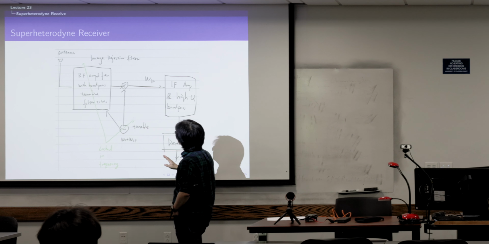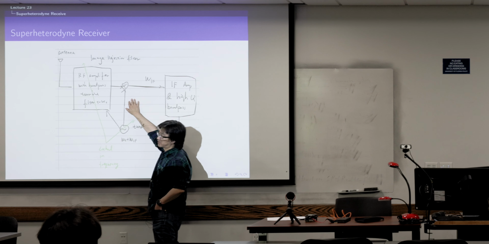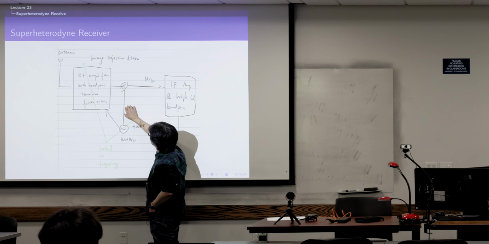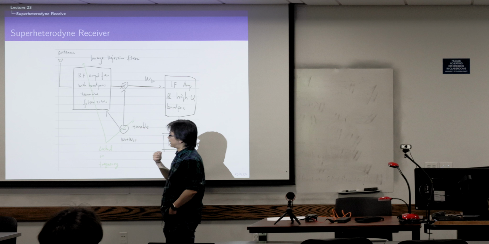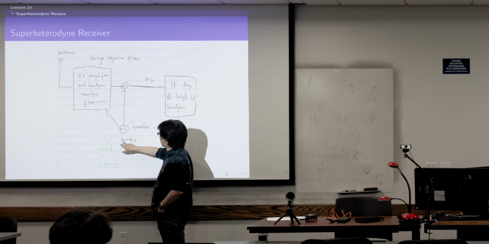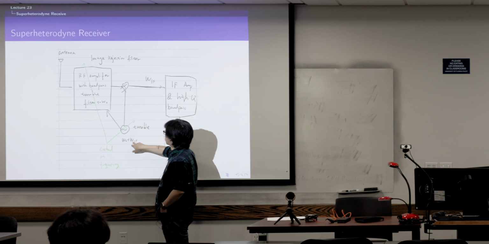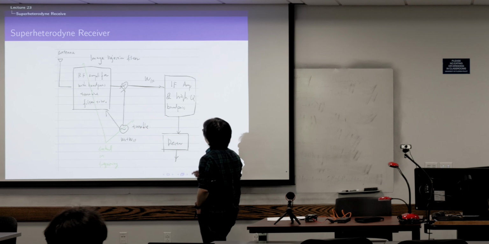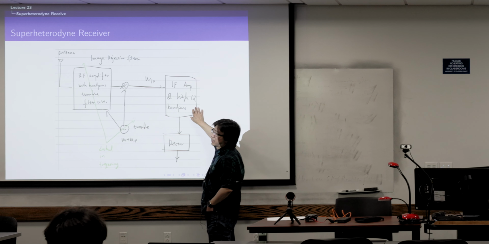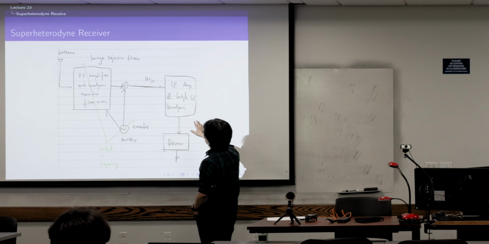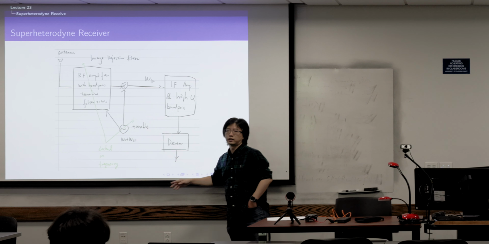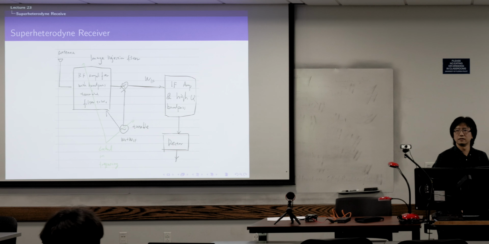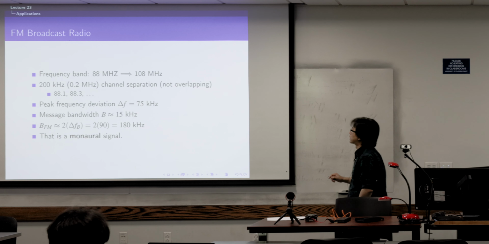Then we multiply everything by a carrier signal with the local oscillator frequency, which is designed so that the signal lands at the intermediate frequency. After that we have a high quality filter at the intermediate frequency, and then we filter the signal out, and then we do the detection and so on, right? So this is basically the idea of the superheterodyne receiver. Okay, any questions? Okay, good.